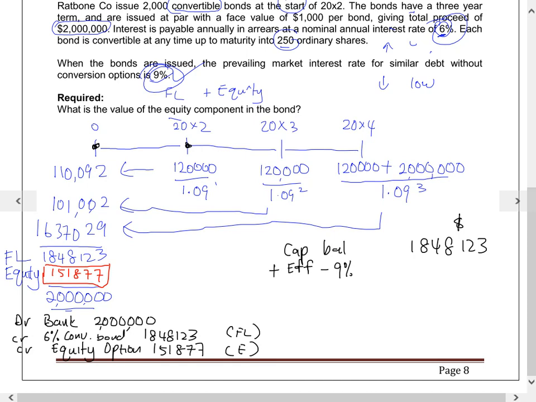Your effective will be 9%. How much is it? 17,504. And we minus the interest paid, 120. So our balance will be 2 million after 3 years.